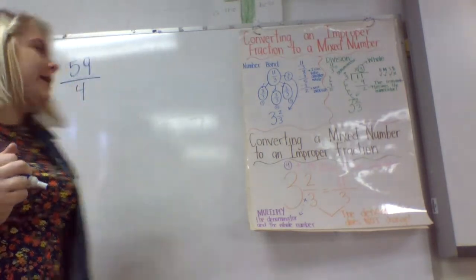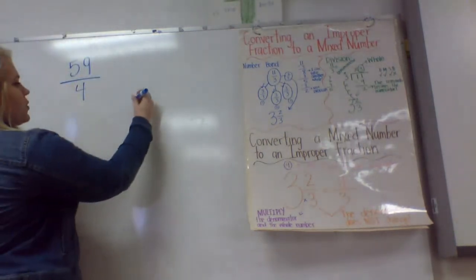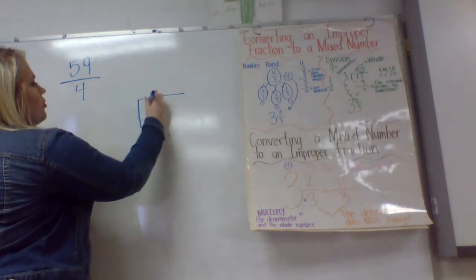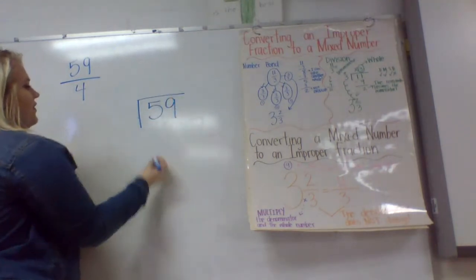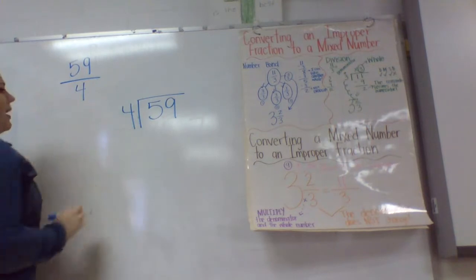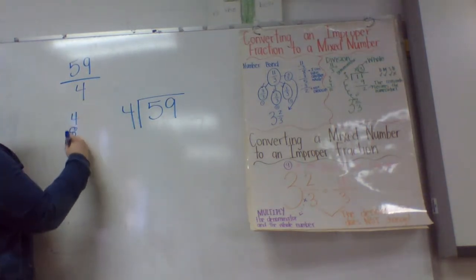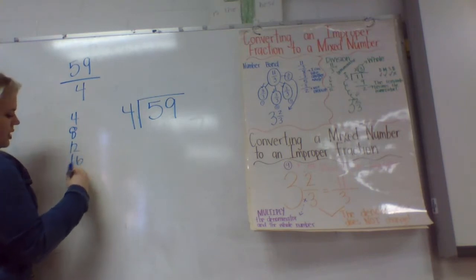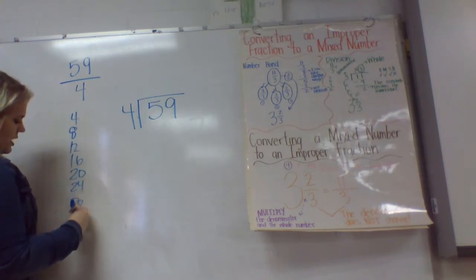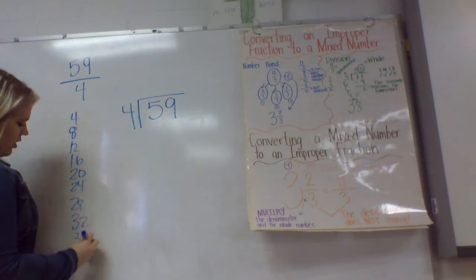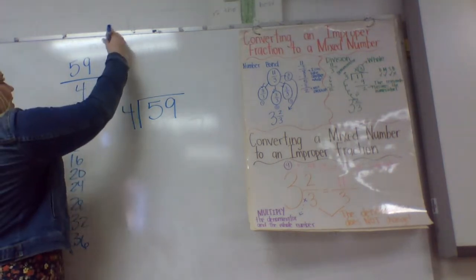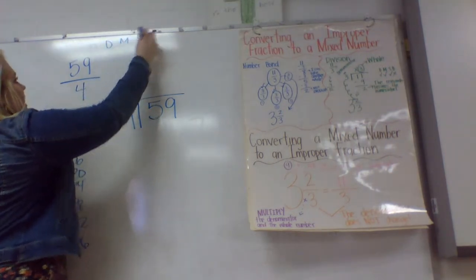So we're going to divide. When you set that up, your numerator goes in the house, 59 divided by 4. I'm going to list my multiples of 4: 4, 8, 12, 16, 20, 24, 28, 32, 36.